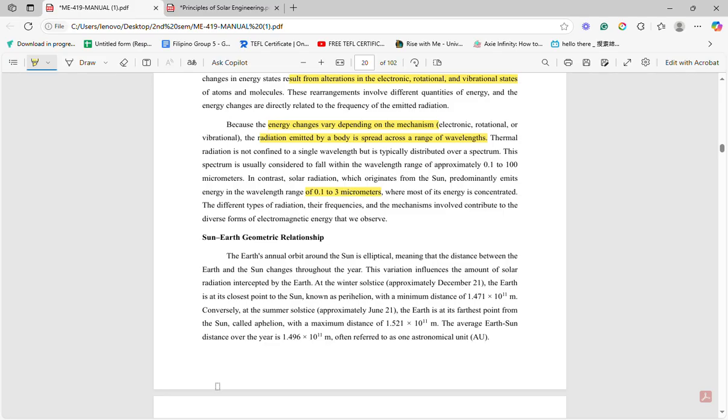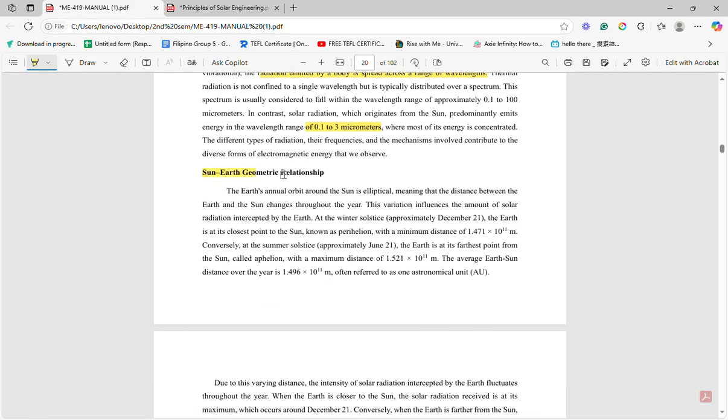Then, the Sun-Earth geometric relationship. We have discussed that the amount of energy that we can harness depends on the position of Earth with respect to the Sun. Since the Earth's annual orbit around the Sun is elliptical, the distance between the Earth and the Sun changes throughout the year.